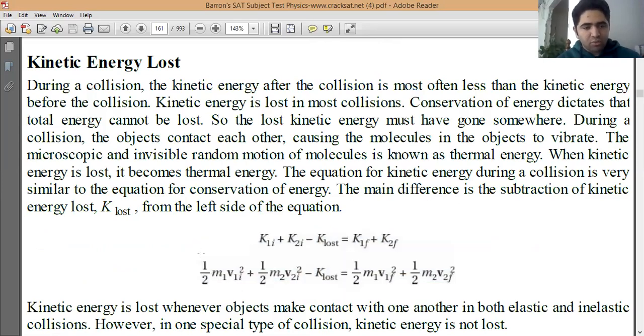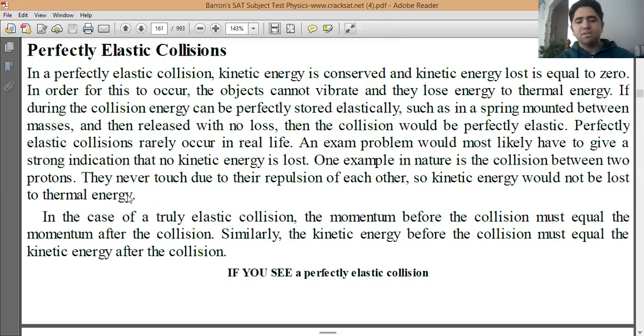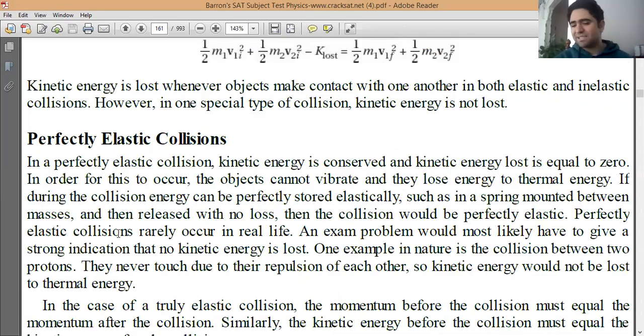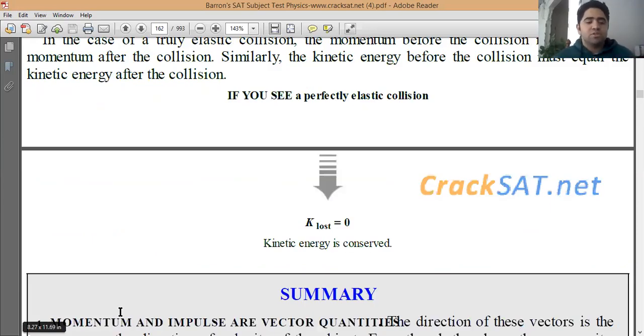And they're saying one and two, they're assuming that two objects hit each other. Just in case you don't know, kinetic energy is equal to half mv squared. And finally, last but not least, there are perfectly elastic collisions. In perfectly elastic collisions, there is no heat generation at all.